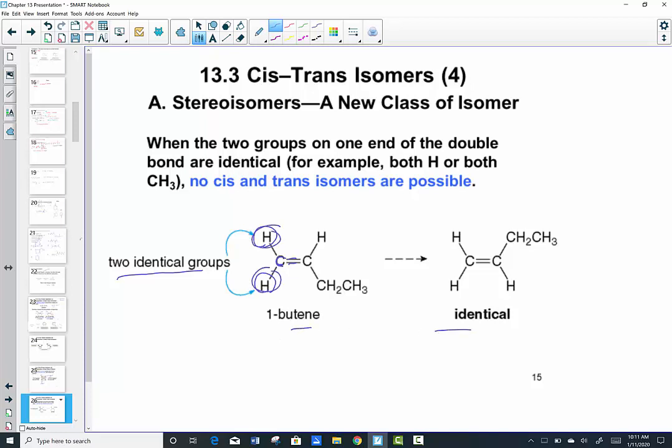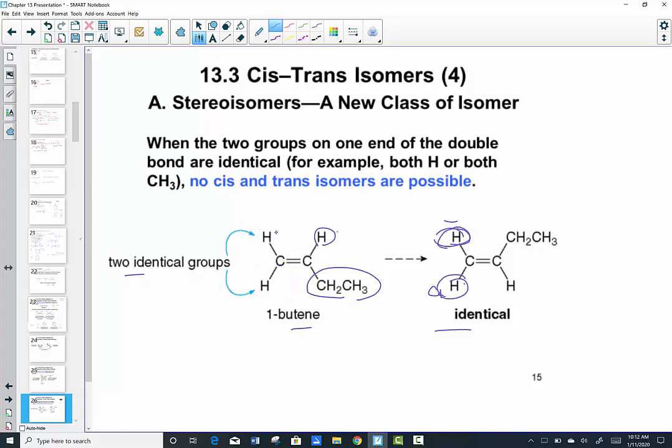The groups have to be different. I have to have maybe a carbon and a hydrogen or a carbon and a chlorine, but they cannot be the same. Notice on this side, H is very different from an ethyl group, but over here, H is the same as this H, so therefore no stereoisomers are possible. On the same carbon involved in the double bond, you have to have different groups attached.